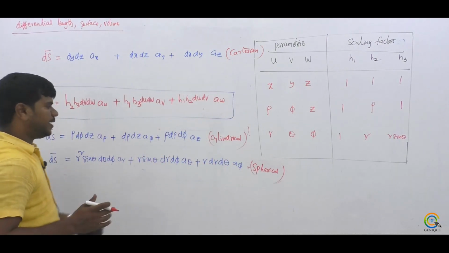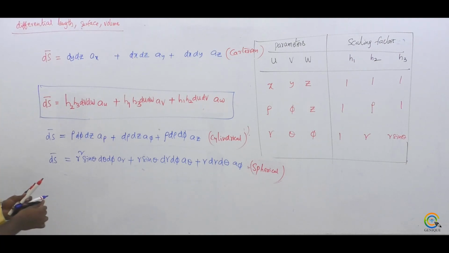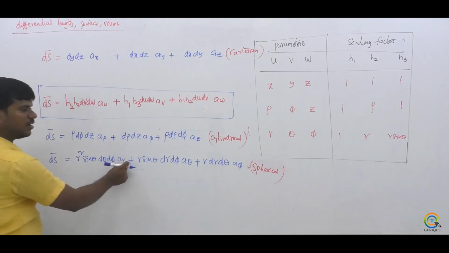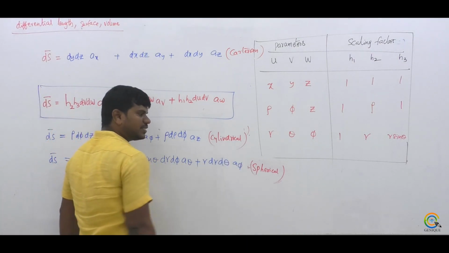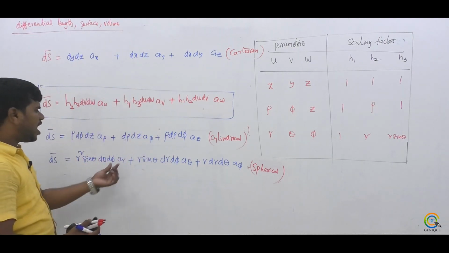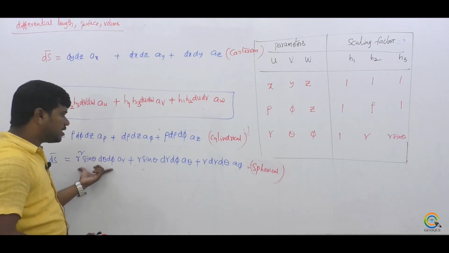Now, see, this is the differential surface area in the direction of ar, this is in the direction of a theta, and this is in the direction of a phi. So that means the ar differential surface area is used for the r constant surface.